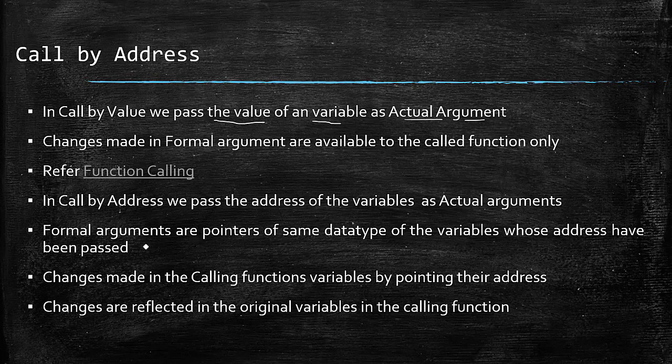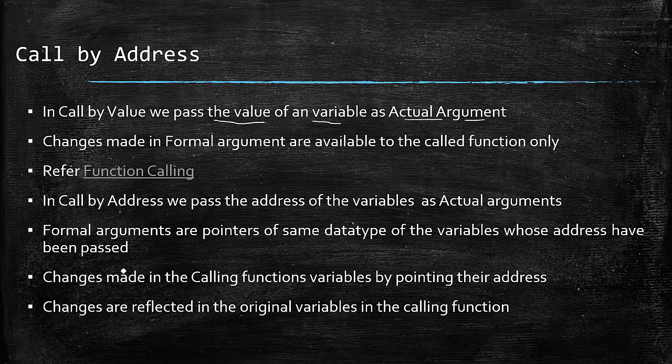So basically in the function declaration, the input argument will be a pointer of the same data type as the variable for which we want to pass the value to the called function. That will be reflected in the function header also.